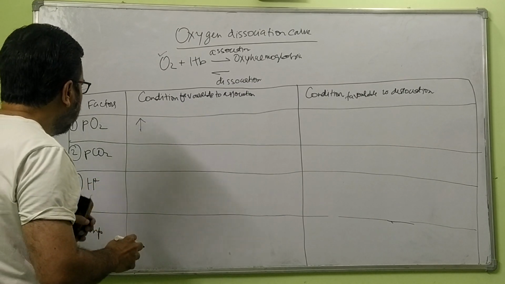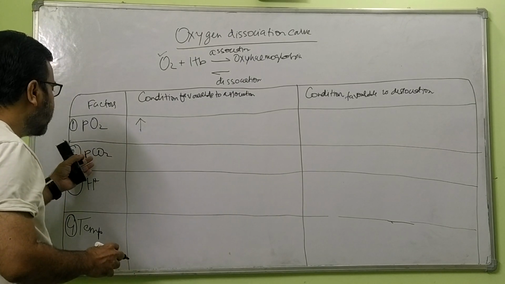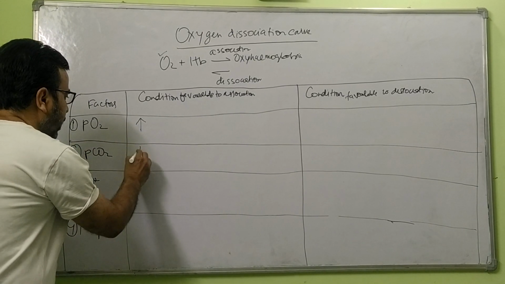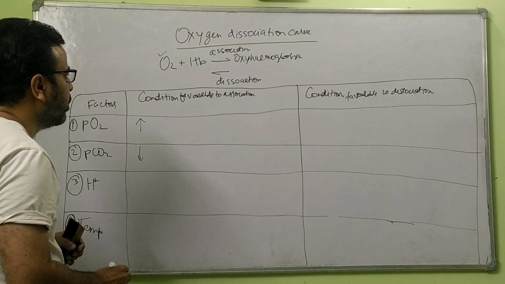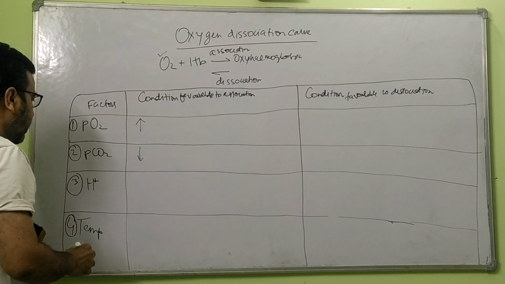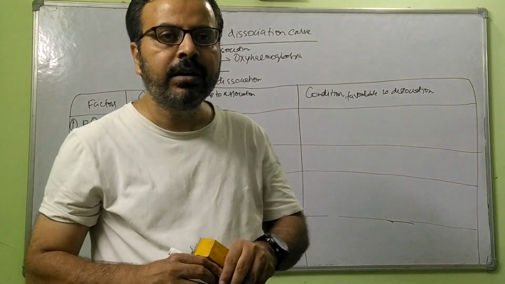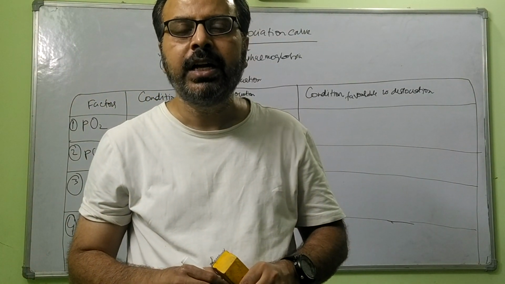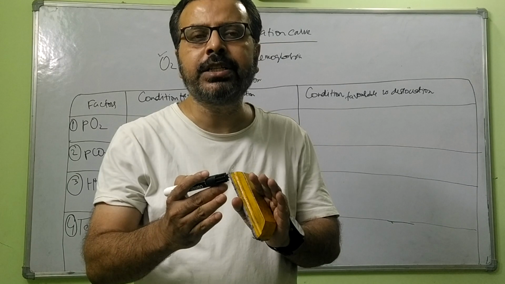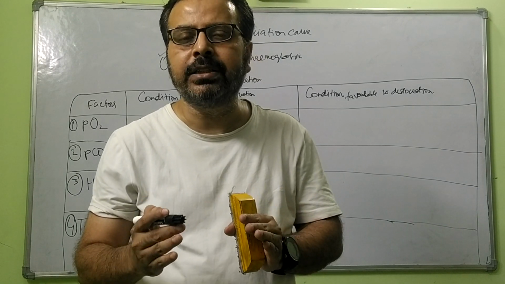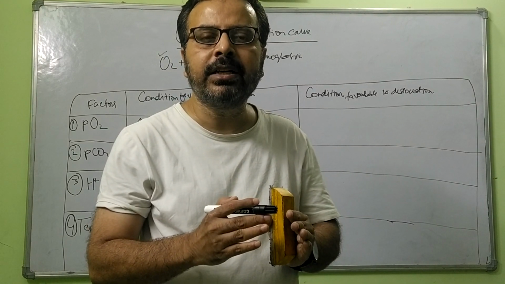Then, if the partial pressure of oxygen is more, naturally the partial pressure of the second gas will be low, and that is favorable for association of oxygen with hemoglobin. As we know, carbon dioxide dissolves in water and forms H2CO3, which further dissociates into hydrogen ions and bicarbonate ions. So if carbon dioxide is more, that means hydrogen ion is more.